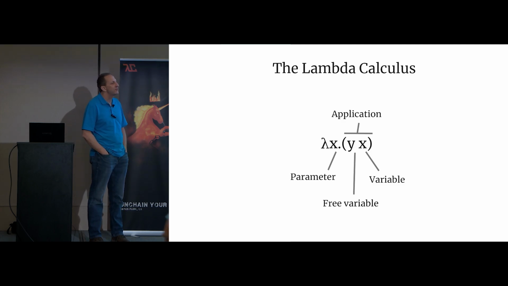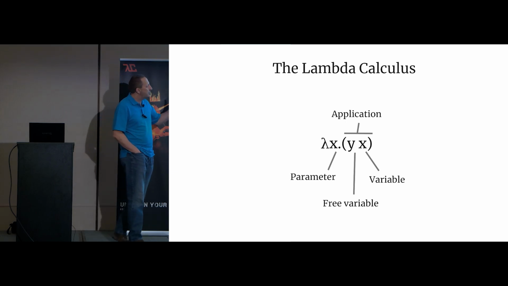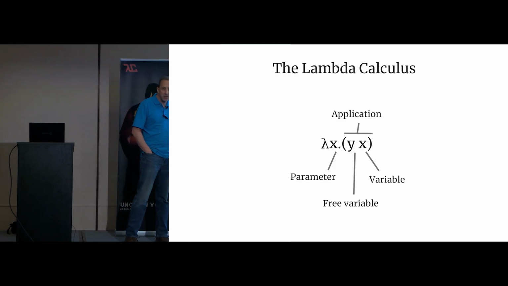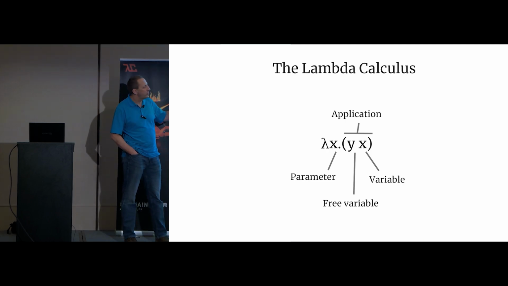For those of you that aren't familiar with it, this is a quick example of the syntax. A lambda expression starts with a lambda. There's a variable, or a parameter, which is usually a single character, a dot, and then the body of the expression.